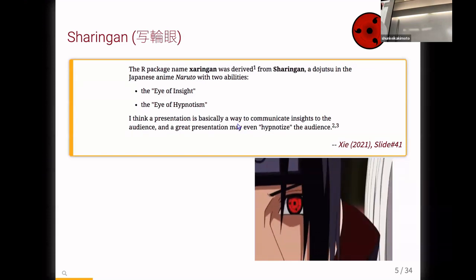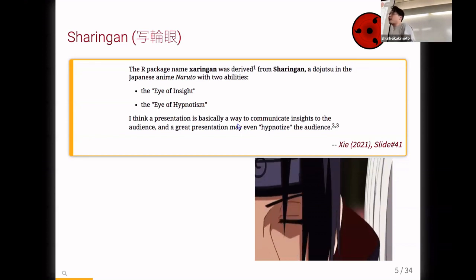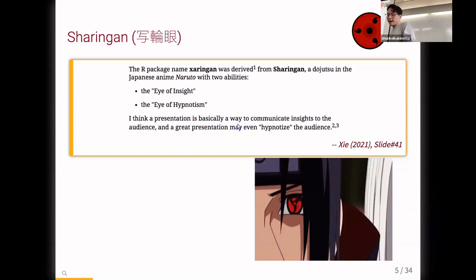The Eye of Insight allows the users to see things that they would otherwise not be able to see, and it also allows users to copy and memorize anything they see. And the other ability, called Eye of Hypnotism, puts the opponent into a trance.